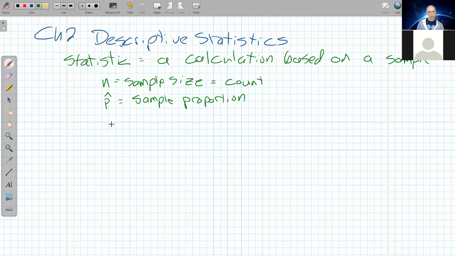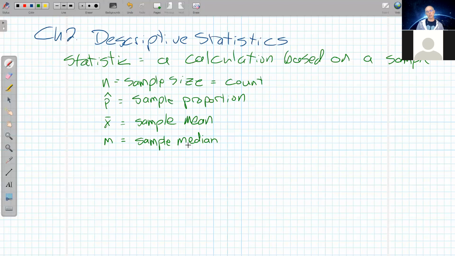And this week we moved on to the idea of a sample mean. That's called X with a bar over it. And we compared the sample mean to M, the sample median. And when averages are thrown around in the news, they're talking about either the mean or the median.